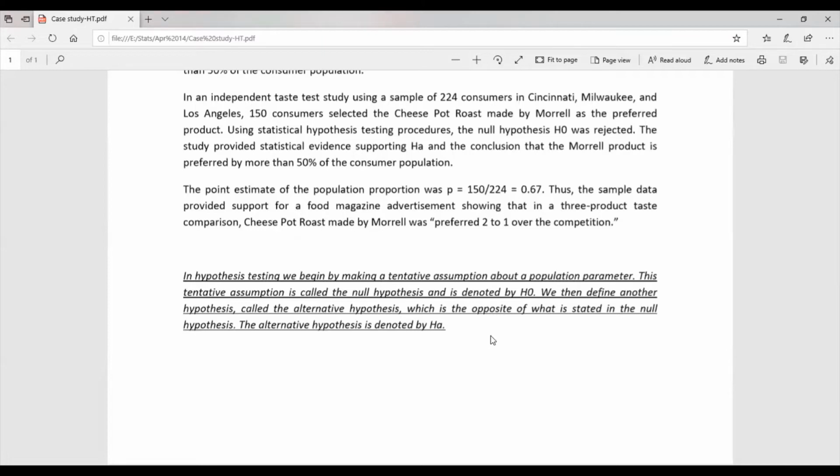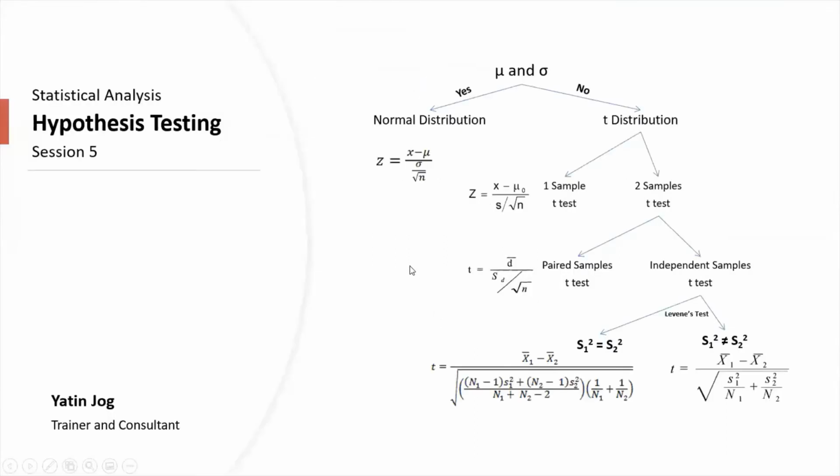That's an indication. Because it is H naught, the null hypothesis statement should have the word not, and then the alternate hypothesis will not have that word. We'll come to how to form the hypothesis, but that is a basic thumb rule in analysis: when I say H naught, because it is not, the statement also has to have the word not in it.